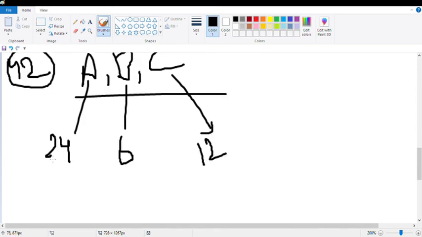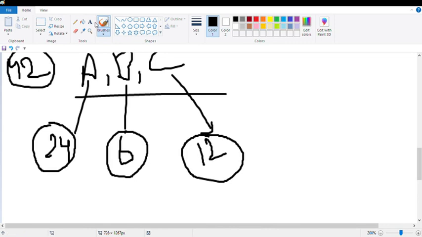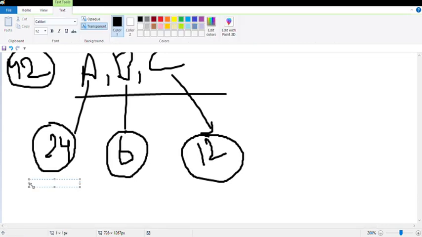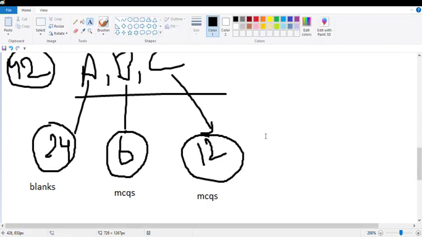These 24 questions are about filling the blanks, these 6 questions are MCQs, and these 12 questions are again MCQs. This is blanks, this is MCQs, this is MCQs again.